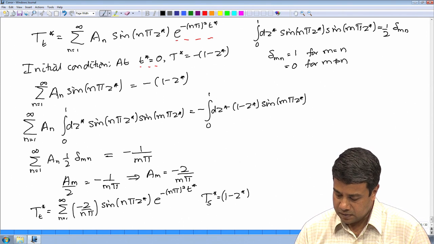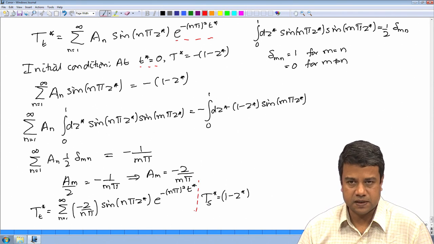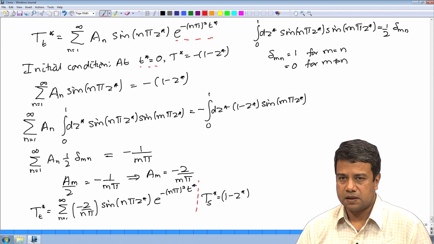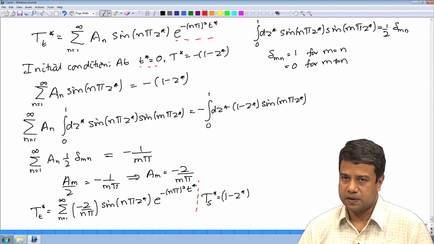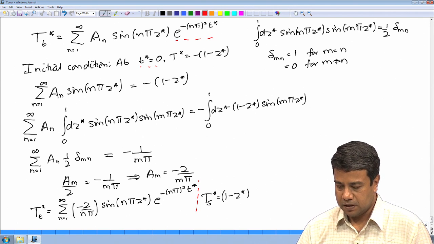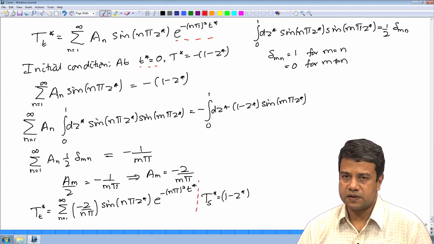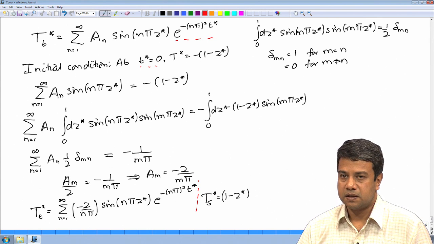What is the physical reasoning behind a solution of this kind? These orthogonal functions, I am emphasizing this because this is something that we will see repeatedly through this course. Whenever we are solving problems in finite domains, we will inevitably end up with a partial differential equation. That partial differential equation contains derivatives in multiple directions.